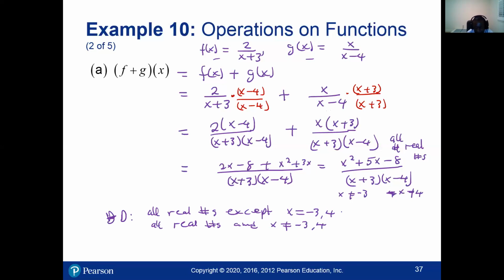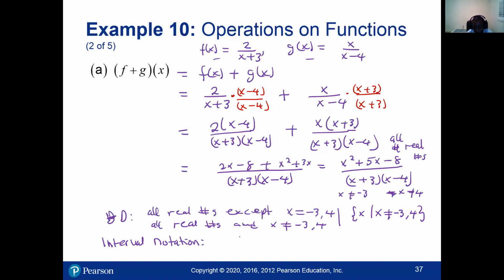Now, if I write this as a set notation, it is going to be the set x is such that x is not equal to -3 and 4. Okay. Now, what's the interval notation, which we will be using all the time? The interval notation is all real numbers except this.